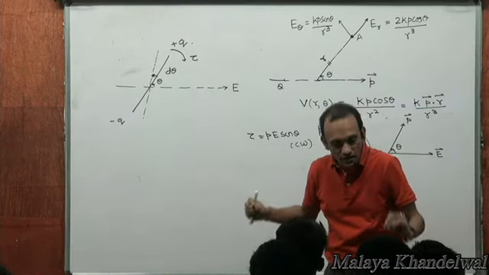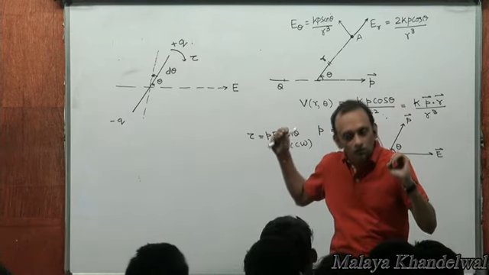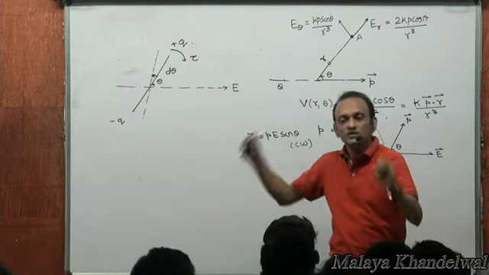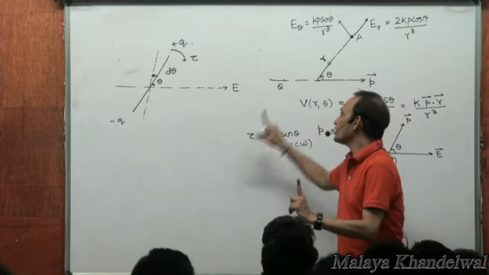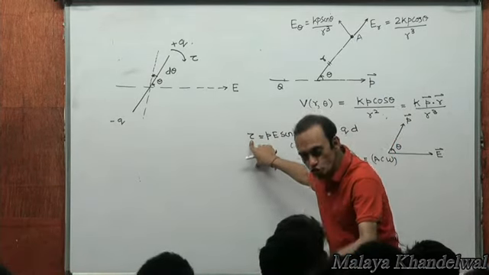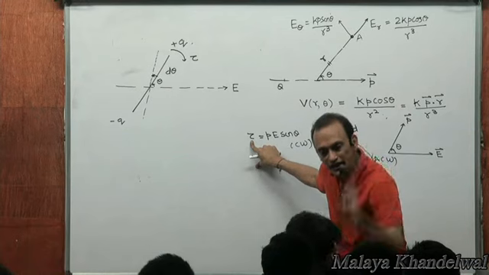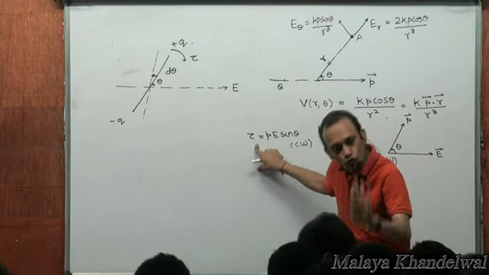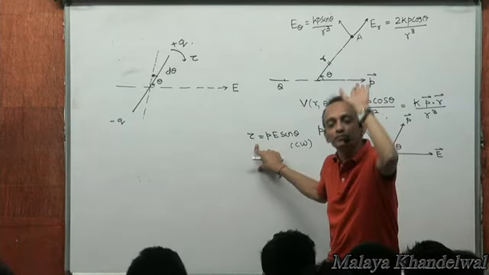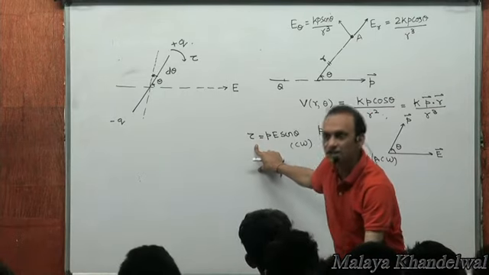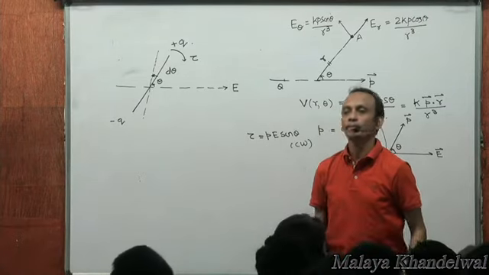Work done by the electric field on this arrangement is going to be the work done by this torque, because this torque is created by the electric field. So if you compute the work done by this torque, you've computed the work done by the electric field, yes or no?